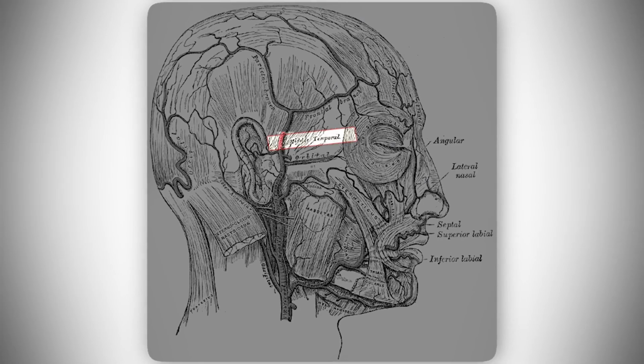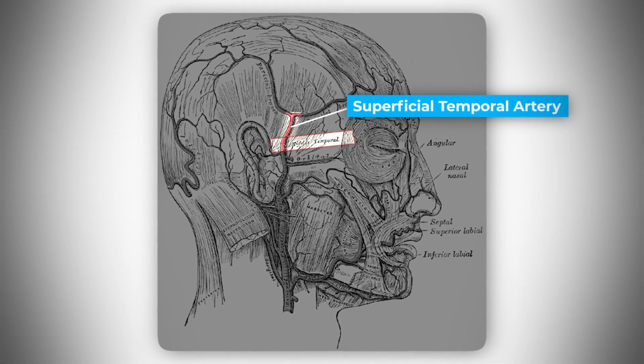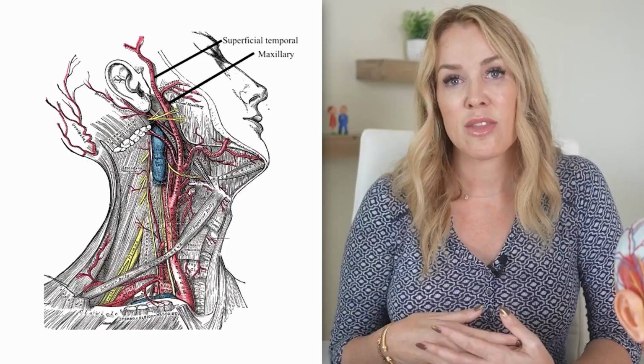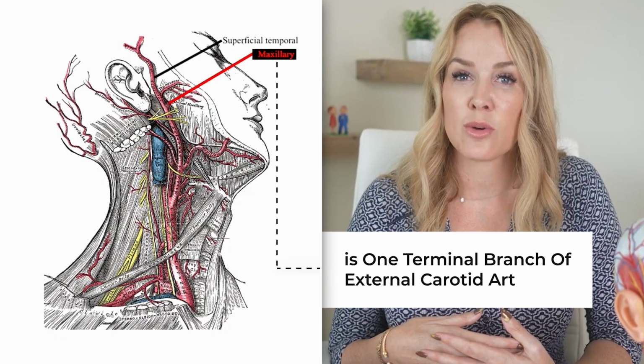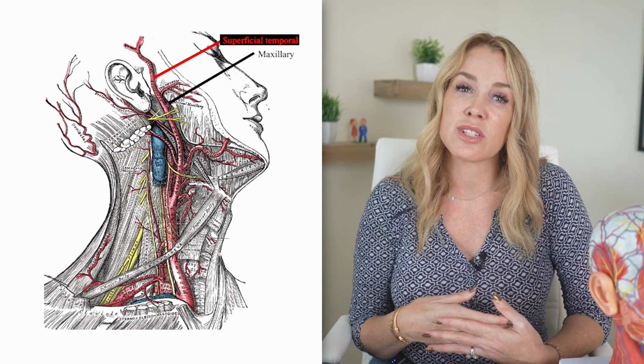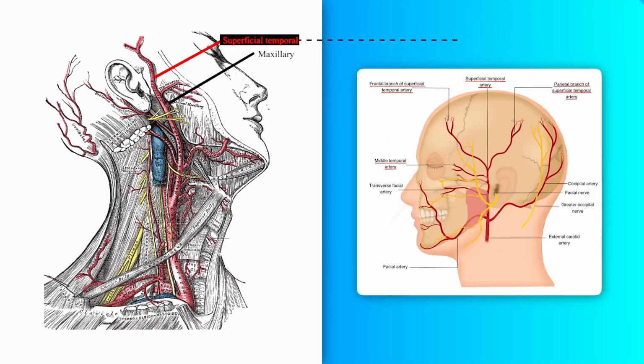The middle temporal artery is a proximal branch of the superficial temporal artery that originates below the zygomatic arch. The maxillary artery is one terminal branch of the external carotid artery, and the superficial temporal artery is the other. The superficial temporal artery has a frontal branch which runs more anterior and a parietal branch which runs more posterior.